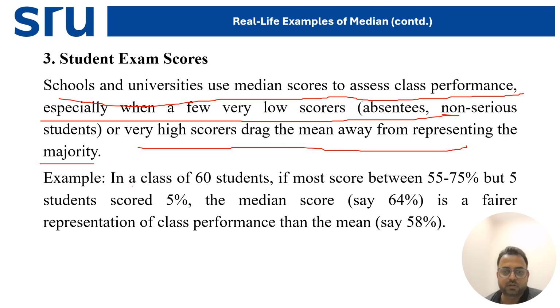In a class of 60 students, if most score between 55 and 70, but 5 students scored 5%, the median score, say 64%, is a fairer representation of class performance than the mean.